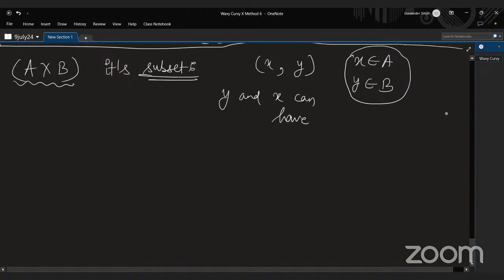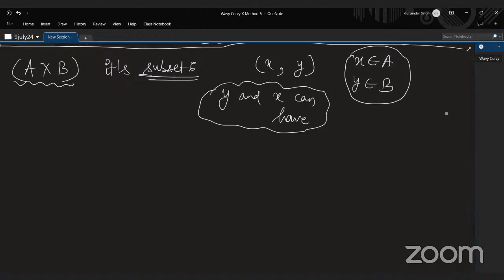They can have also and they can't have also. It is open to you. I can choose a subset where x and y have some common dependency on them.